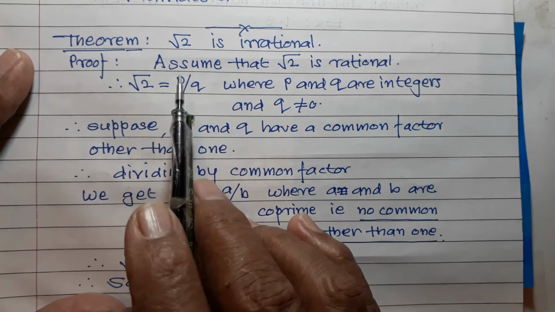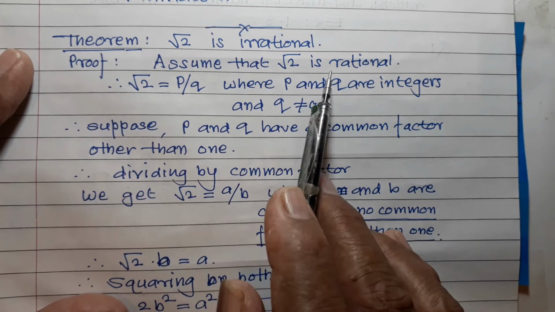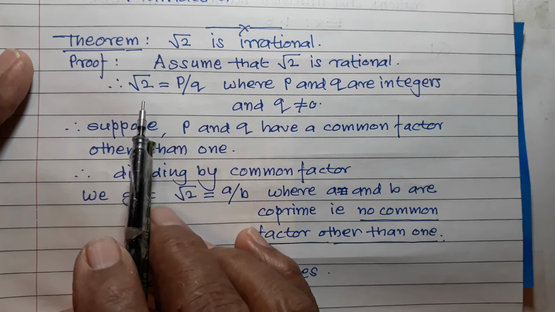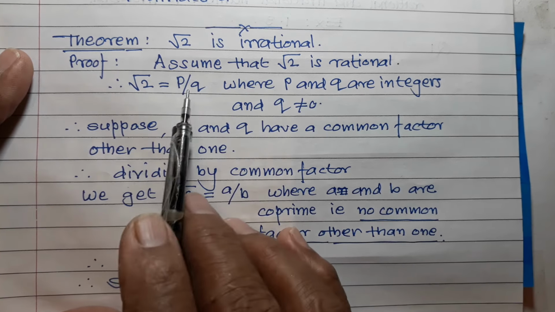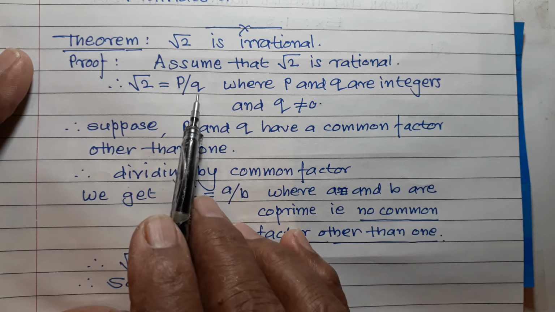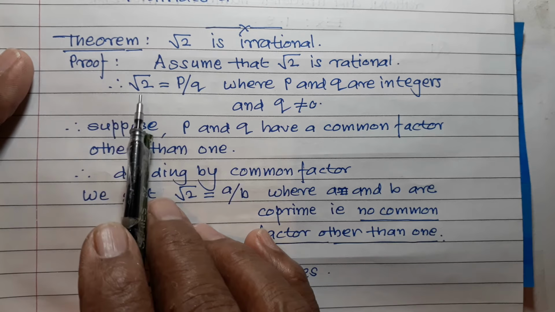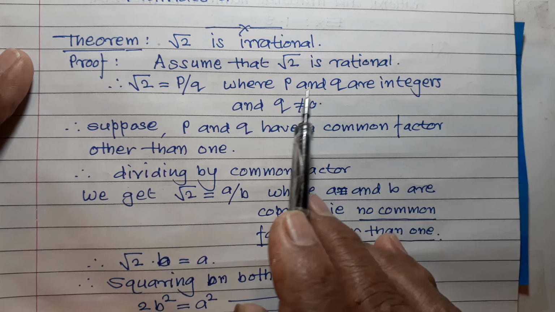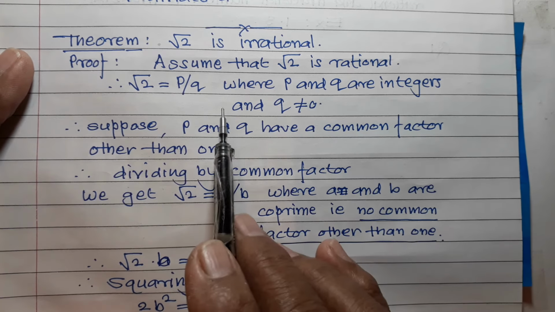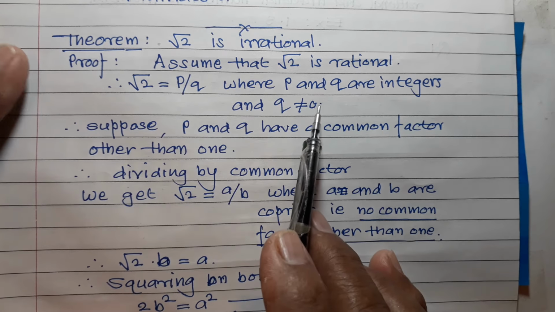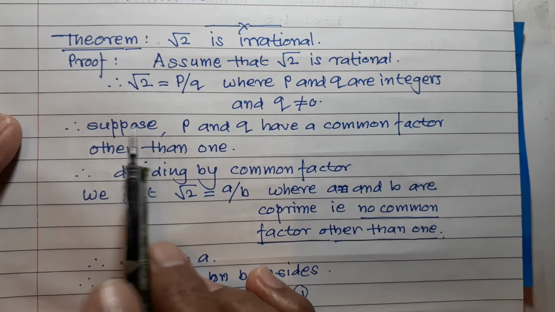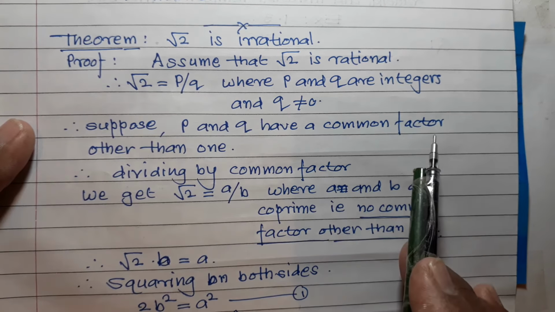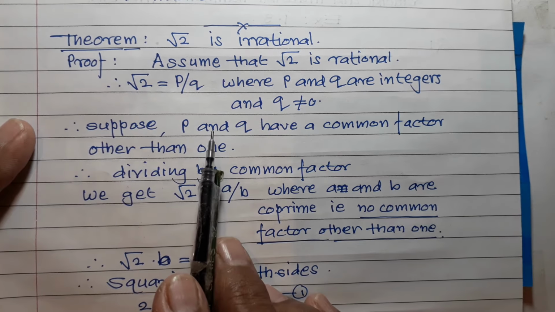Proof: assume that root 2 is rational, and therefore you can express it in p upon q form, so root 2 is equal to p upon q, where p and q are integers and q is not equal to 0. Suppose p and q have a common factor other than 1.